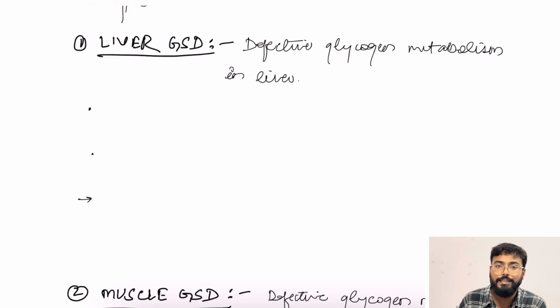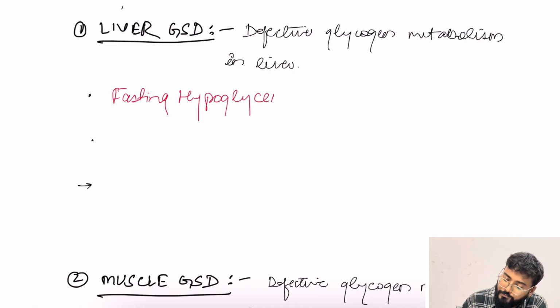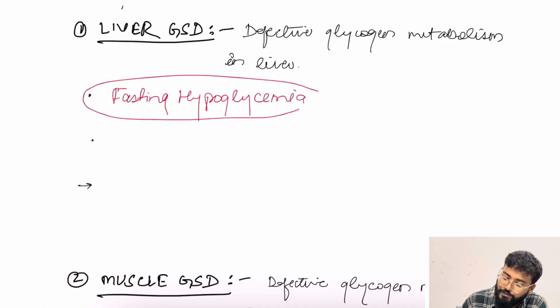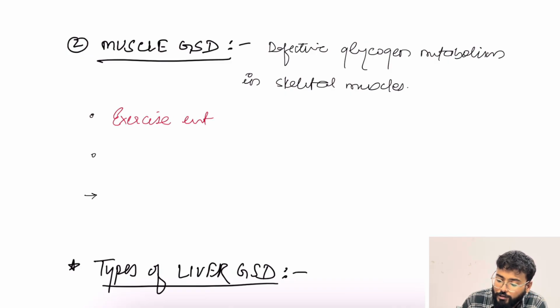What is the primary feature by which you can say this is a liver GSD? The main feature of liver GSD is fasting hypoglycemia. You will see fasting hypoglycemia in liver GSDs, and in muscle GSDs it is exercise intolerance.